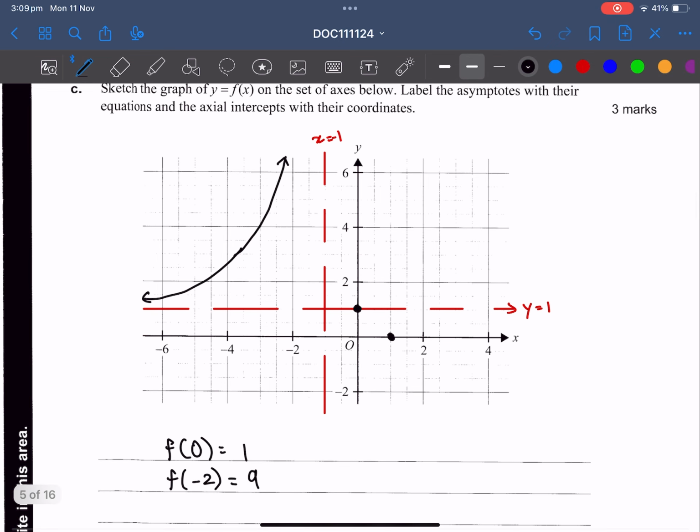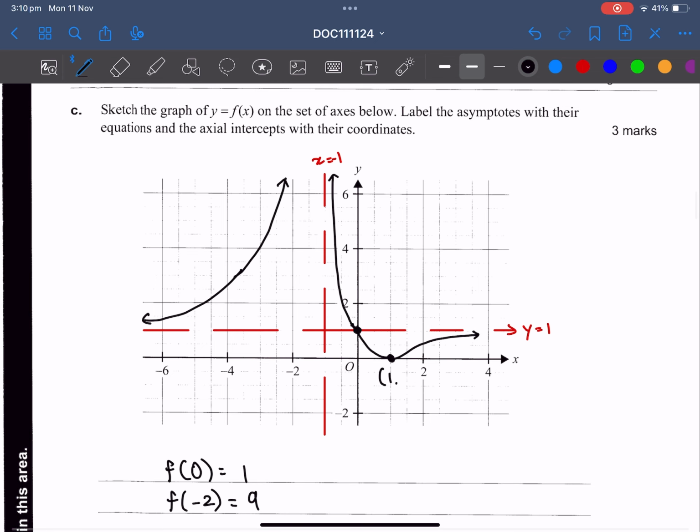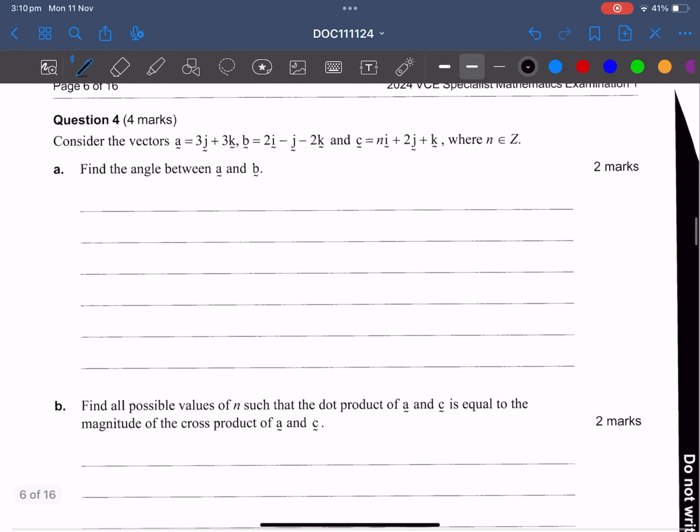Now this is going like that and then going back up like this. Okay, cool. So we label our points 1 and 0, then 0 and 1.